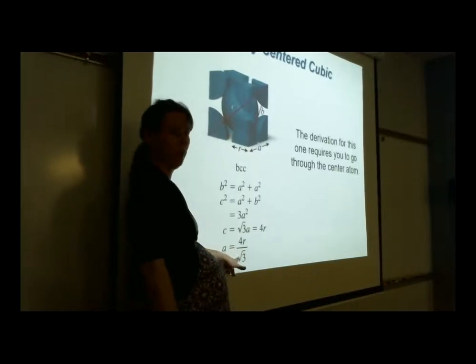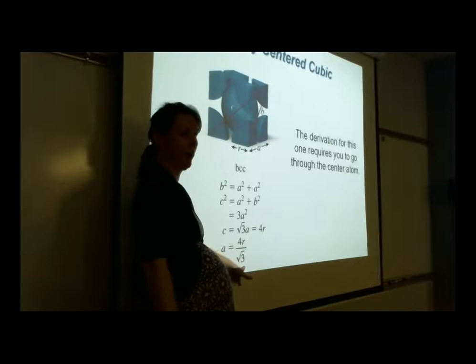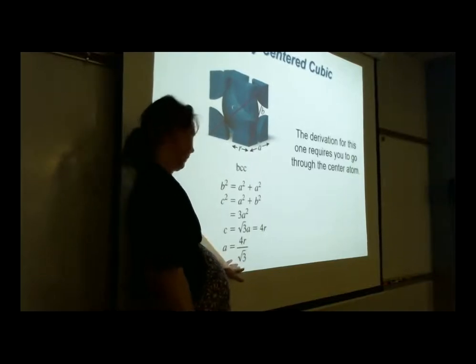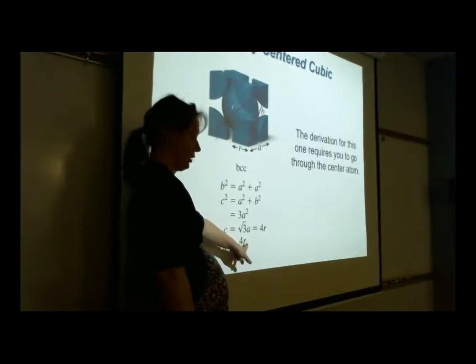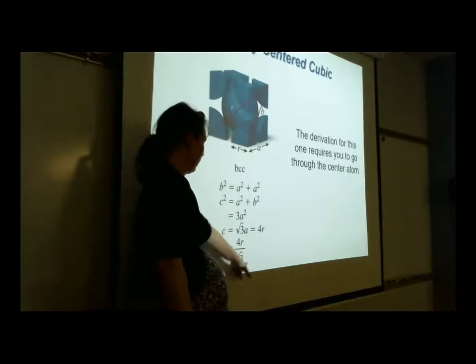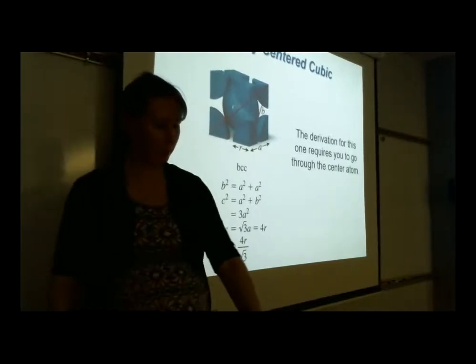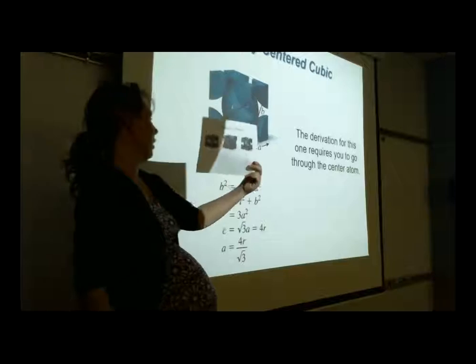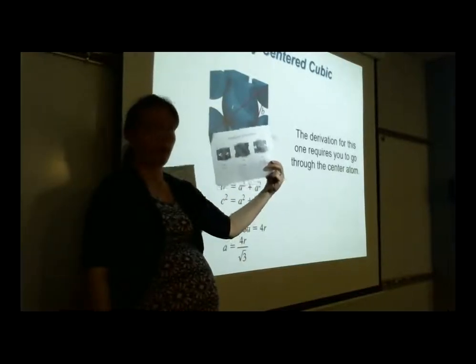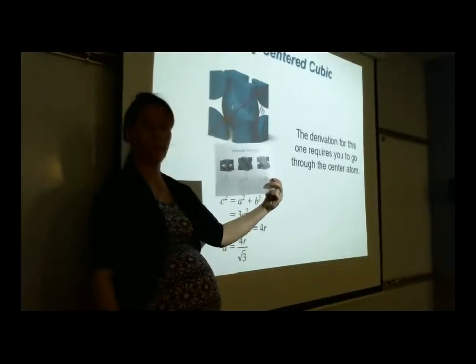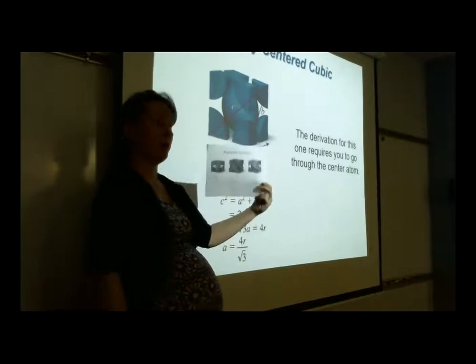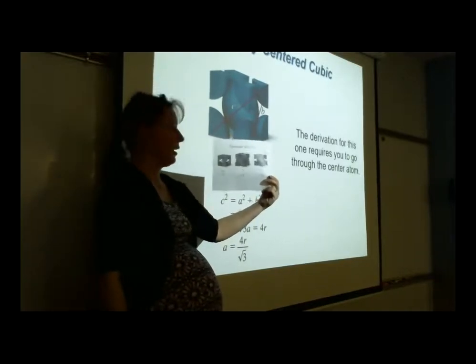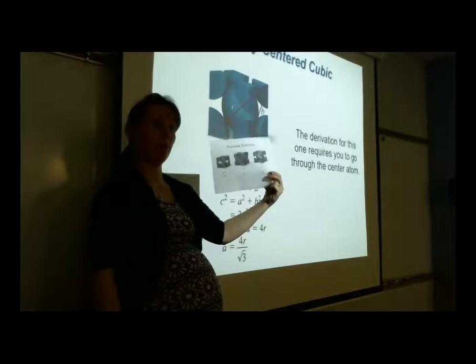And again, if you need to put parentheses around that square root of 3, do it, okay? Because the R is not under any sort of square root. It's just the 3. So this will be given to you on your next exam as part of the reference page, okay? It will not be something I'm requiring you to memorize, but I am going to expect you to be able to do the arithmetic.